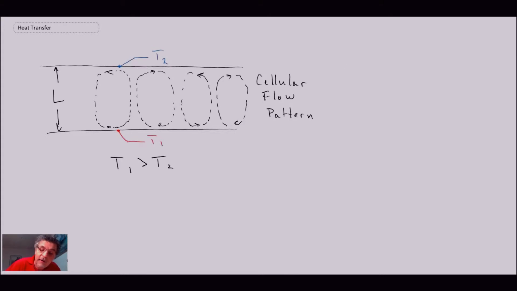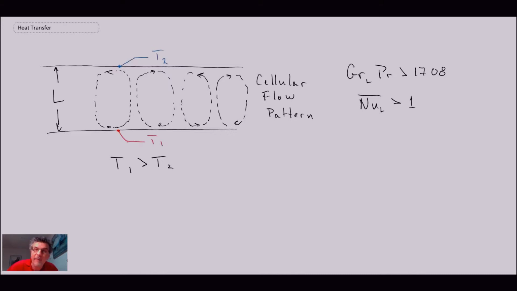This condition would exist for Grashof-Prandtl greater than 1,708, and the Nusselt number would be greater than 1. It's no longer 1, it's going to be greater than 1. And this cellular pattern that we're looking at here actually has a name.